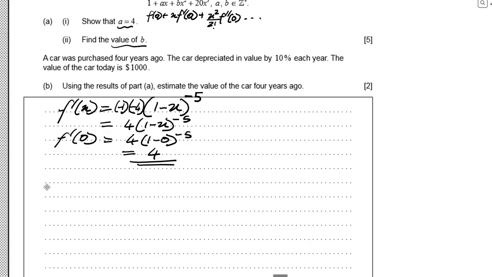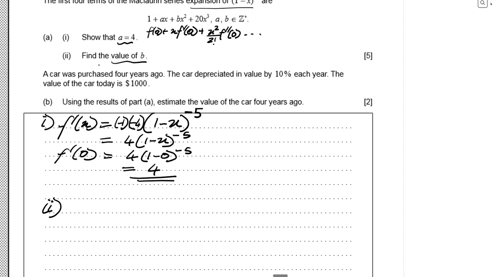Now we can move on to B, find the value of B. Sorry, not B, part 2. And what we have is find the value of B. So now that's f double prime of x is equal to, we have to use this. So we have negative 20, that just becomes 20 because we have a negative. 1 minus x to the negative 6, right?